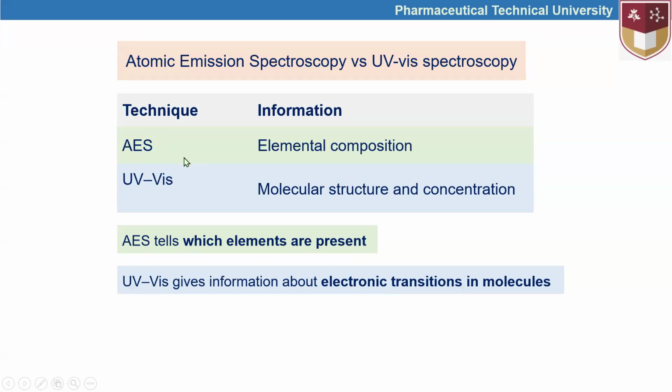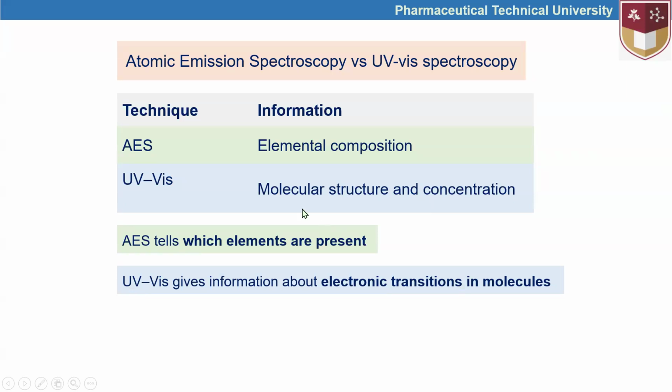And AES tells us about the elemental composition. It does not tell about the molecules. And UV-Vis spectroscopy can tell us about molecular structure and concentration. It will be possible to know about the presence of atoms in UV-Vis, but it is mainly used for molecular structure and the concentration of those molecular structures.